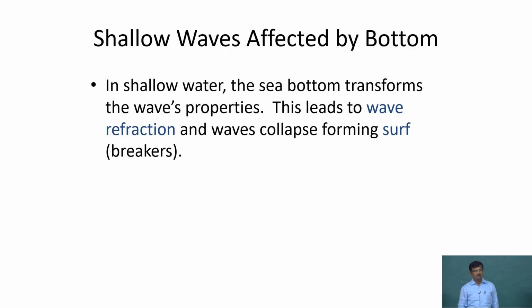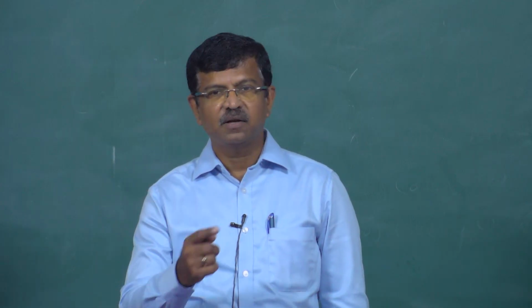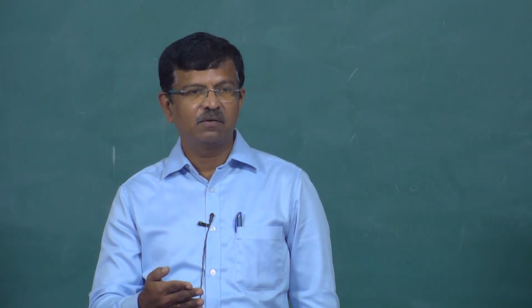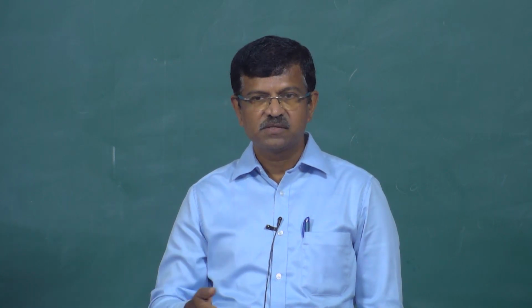That is why there are two main processes called refraction and shoaling. Refraction tries to align the wave crest parallel to the bathymetry. Ultimately, if the same direction is consistent, the wave crest will become parallel to the shoreline, parallel to the seabed contour.